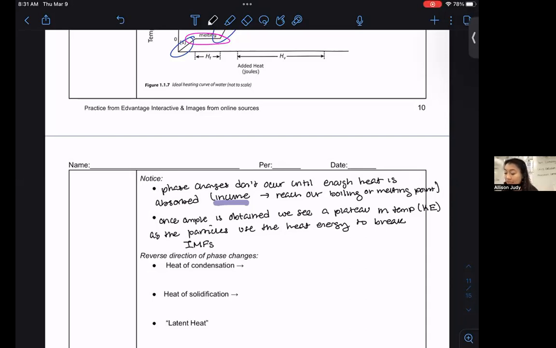So here you see that distinctive nature where temperature and heat are truly different concepts.